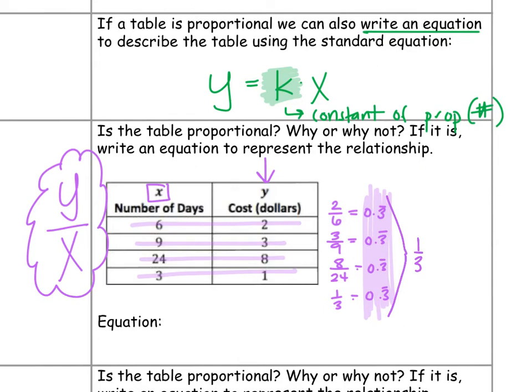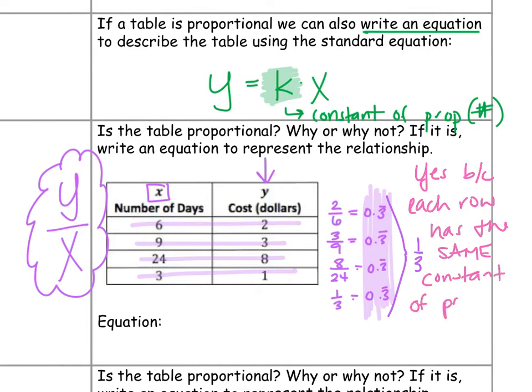So is it proportional? Why or why not? And write an equation if it is. So is it proportional? Yes. Why? Because each row has the same constant of proportionality. Notice I'm using that vocabulary word. And then it says write an equation.